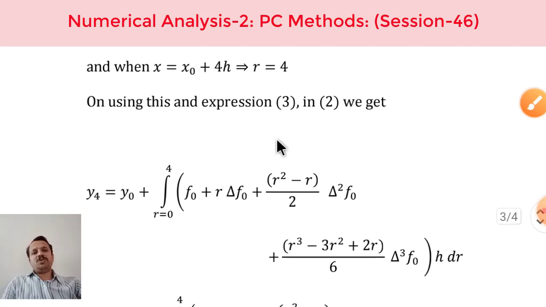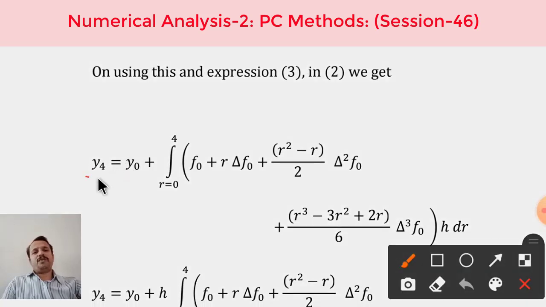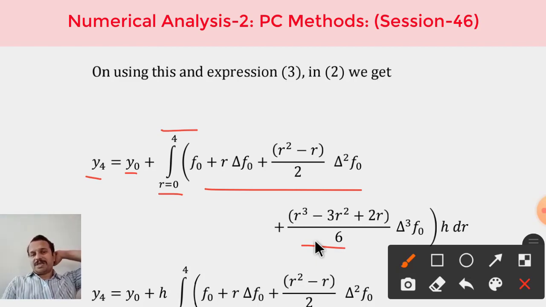So let us substitute those values in the integral 2. Integral 2 is the value of y4 we are computing, with y0 in the first place on the right hand side, plus the integral which is now r equal to 0 to 4, the new limits, and the new integrand, which is the interpolating polynomial of f of x comma y using Newton's forward interpolation.